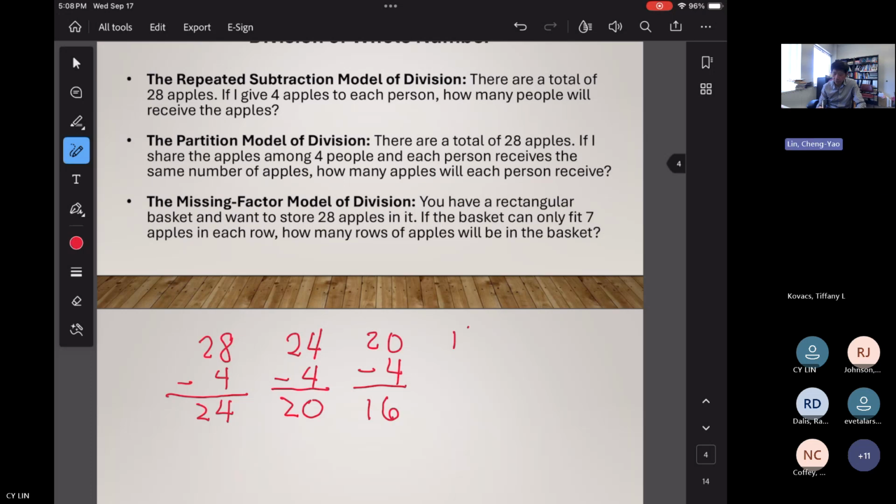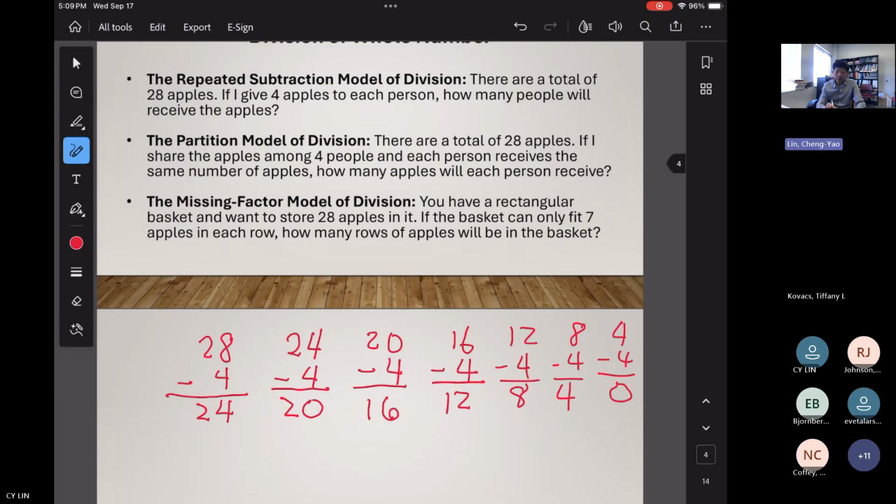I take 16, repeat subtraction, so I get 12. Next 12 subtract 4, got 8. Next 8 subtract 4, got 4. The next 4 subtract 4, got 0.